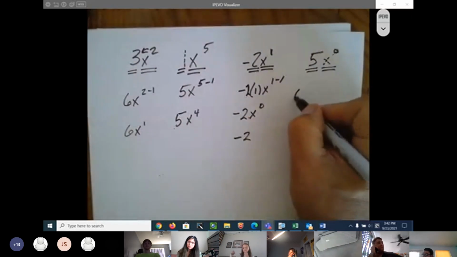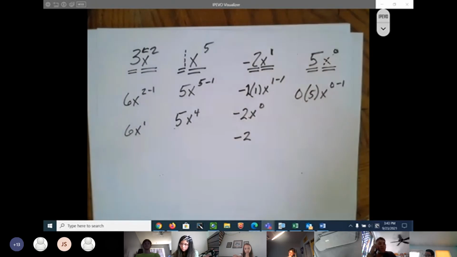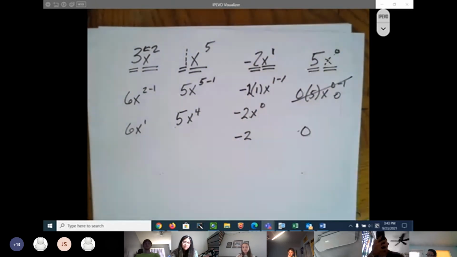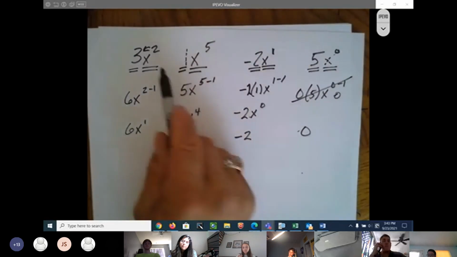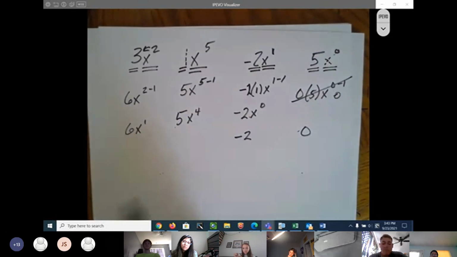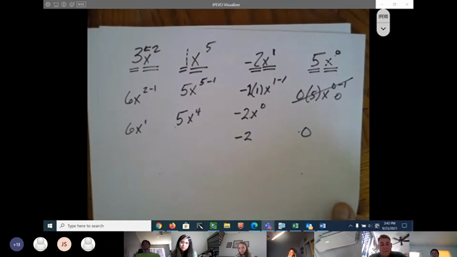And this is 0 times 5x to the 0 minus 1, and that goes to 0. So it kind of helps to fill in those spaces with what goes there, especially when you're learning how to do calculus. Anybody else? Hope that helps somebody else who never had calculus before.